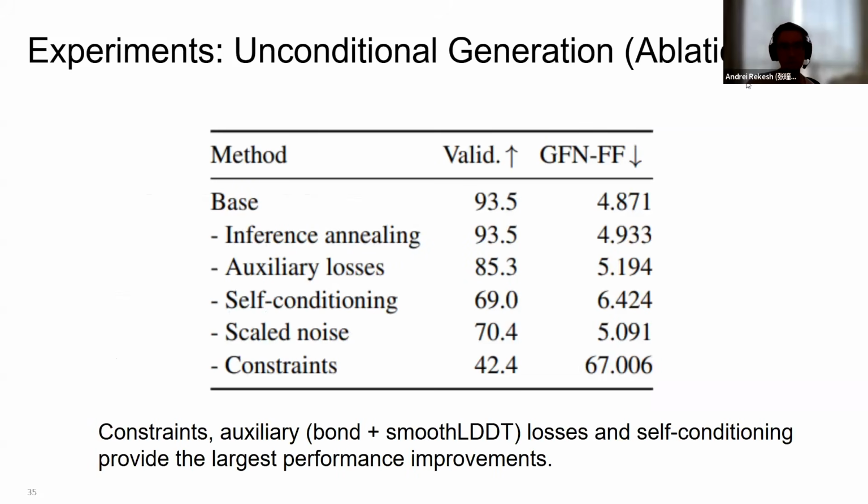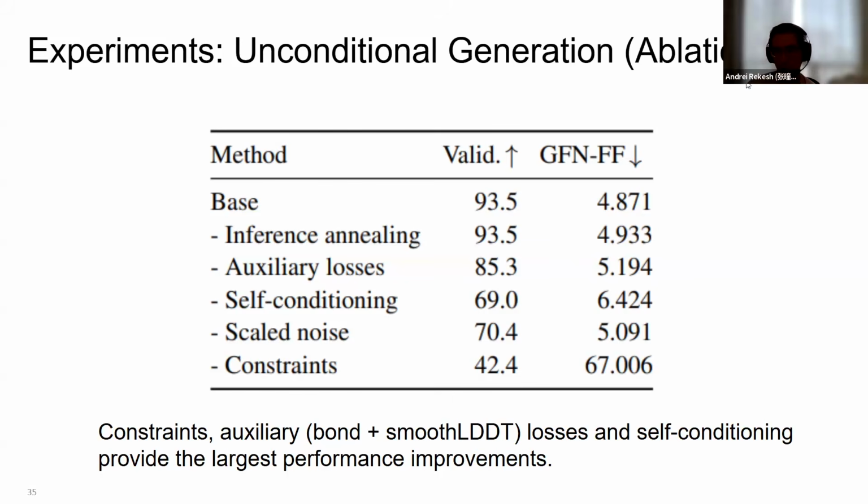And so here are some ablations. I only added this to mention from earlier that these constraints really improve the performance. I haven't tested all of the other improvements without the constraints, but without things like auxiliary losses or self-conditioning, without constraints, the validity of the molecules is somewhat poor.